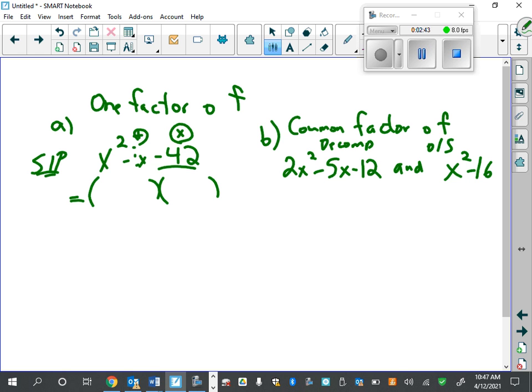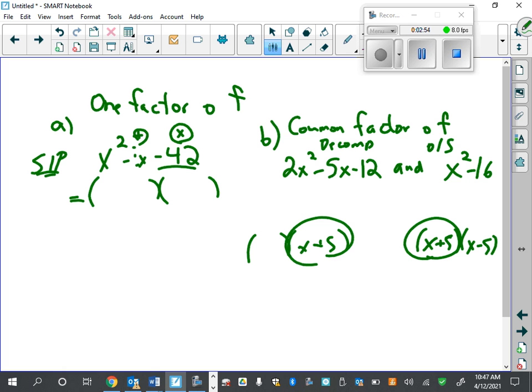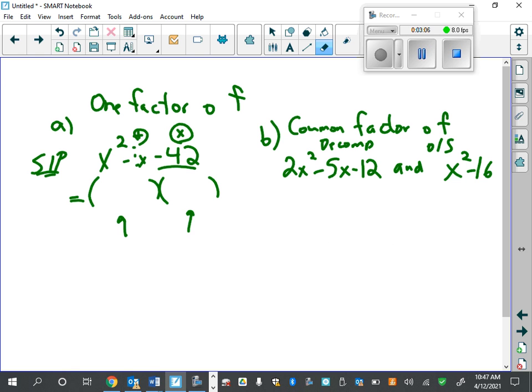And then if you get something like this and the other one like this, then the common factor is the bracket, the factor they have in common. So that's what common factor means. You just have to understand that for A, one of the factors is the first bracket and one of the factors is the second bracket.